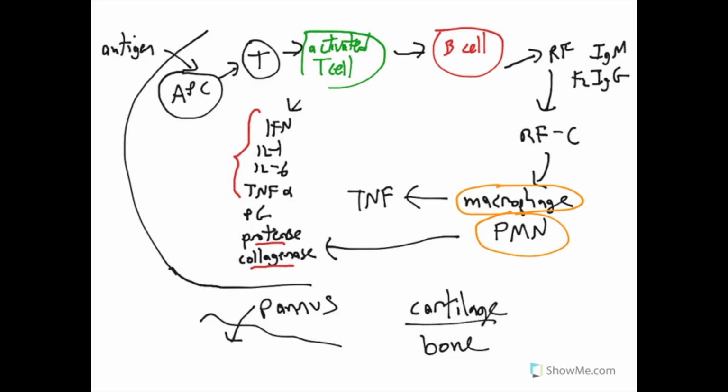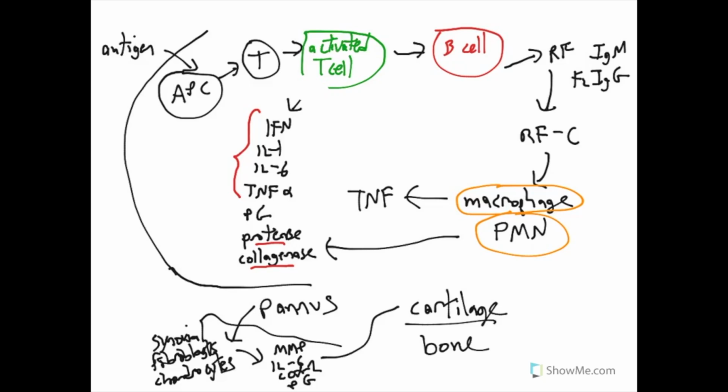Pannus itself, once that gets activated, we're going to start to crank up synovial fibroblasts and chondrocytes. And guess what? Matrix metalloproteinase, IL-6, COX-2, and prostaglandins all continue to result in problems to the cartilage.